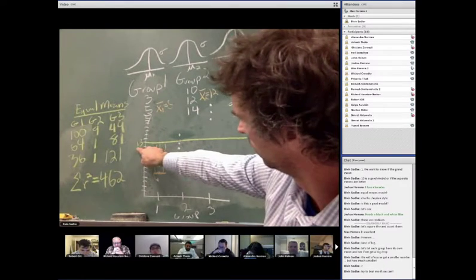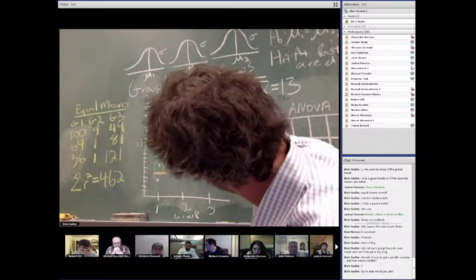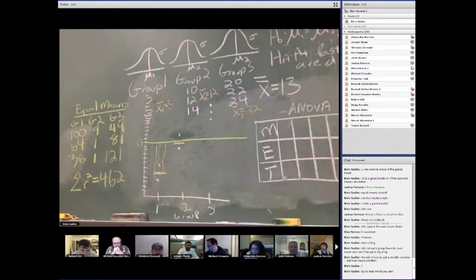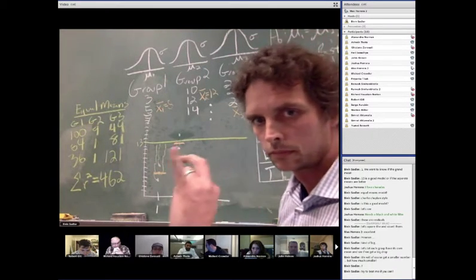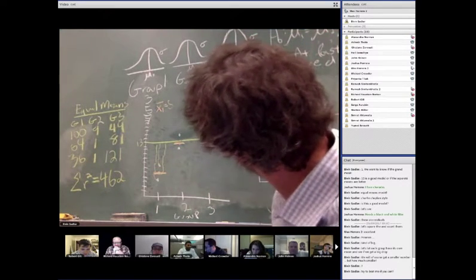So he's going to do the same thing, but instead of the observations, using the mean for each group. He's comparing the group means to the grand mean.